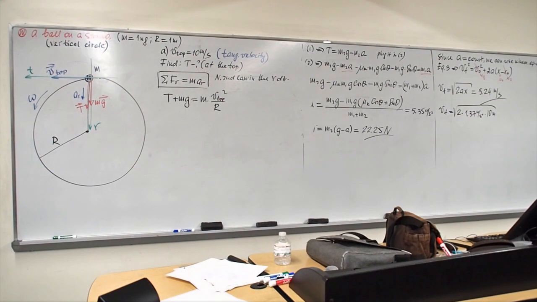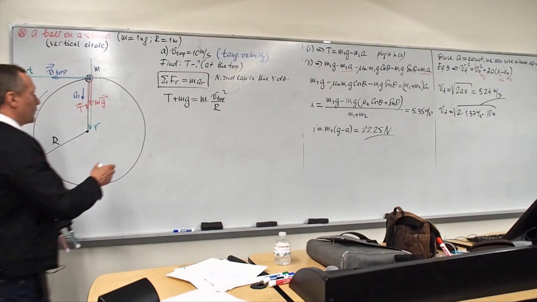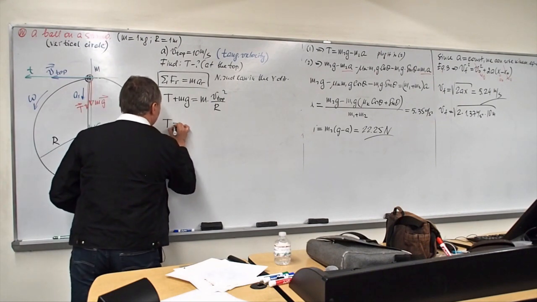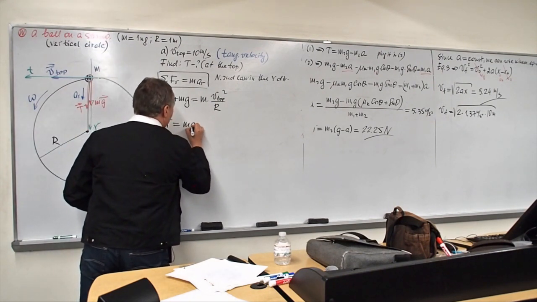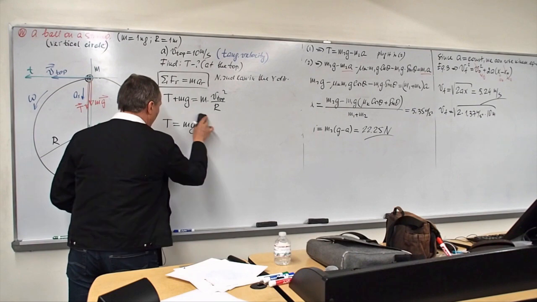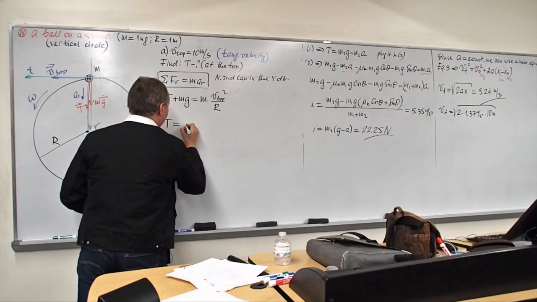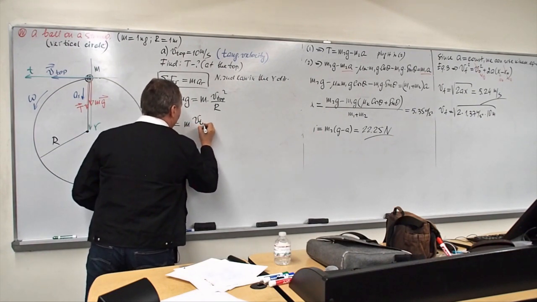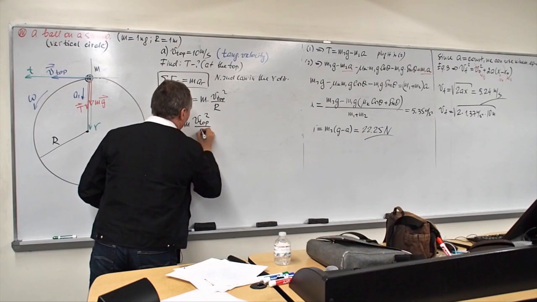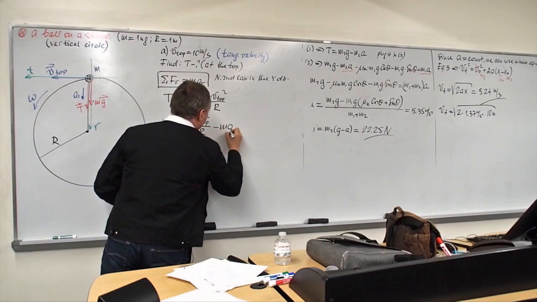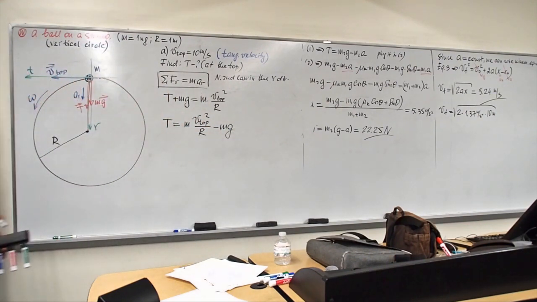Just one, only tension. The rest is given, right? So very straightforward. T equals m v top squared over r minus mg.